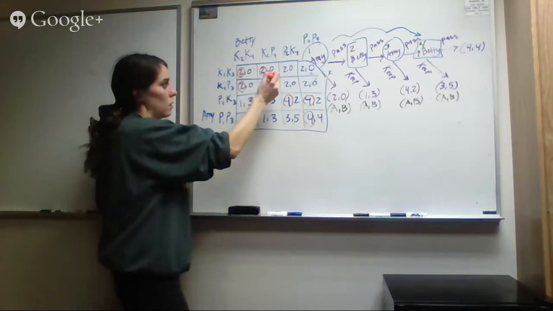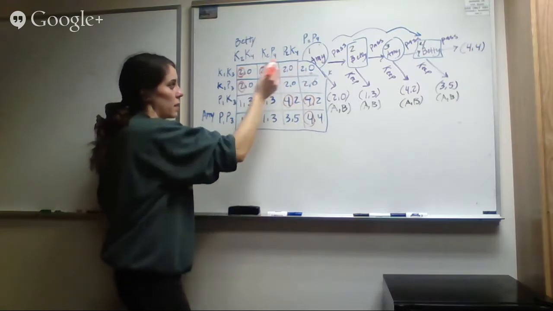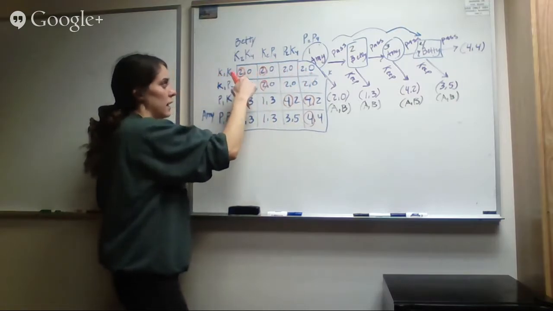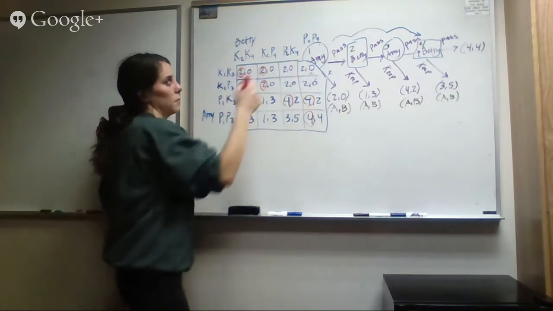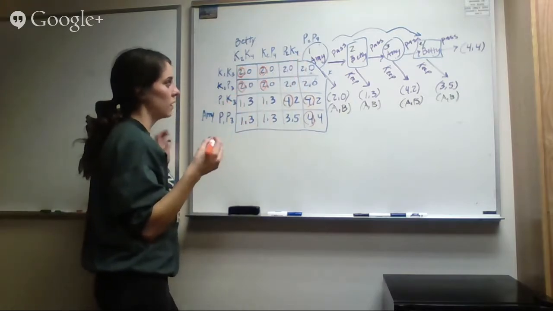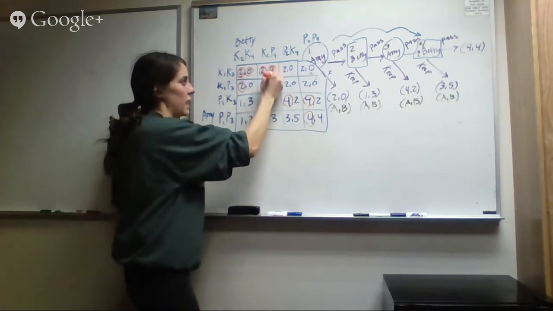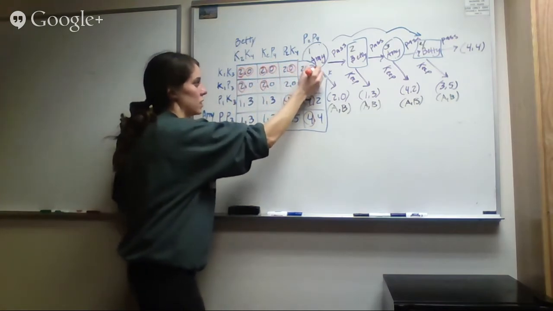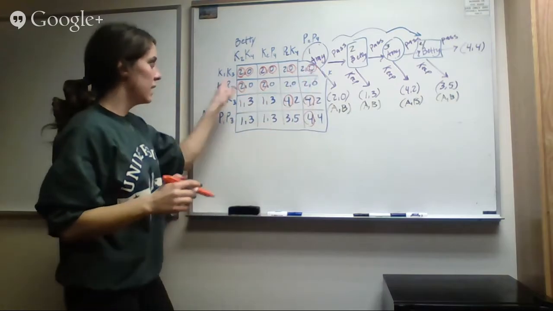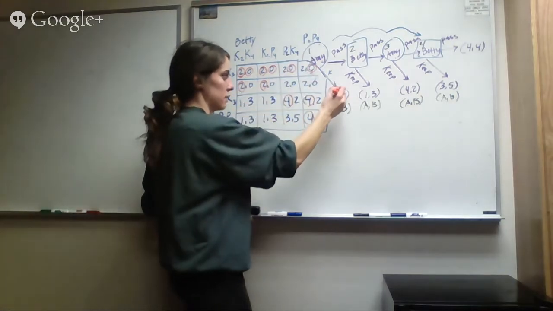Okay, so we're going to look at all of these. This is a decision where Amy keeps, and these are the possible payoffs that Betty can choose between. Well, they're all 0, right? Any payoff that Betty can get in this case is going to be 0. There's nothing she can do because if Amy keeps it, the game ends.